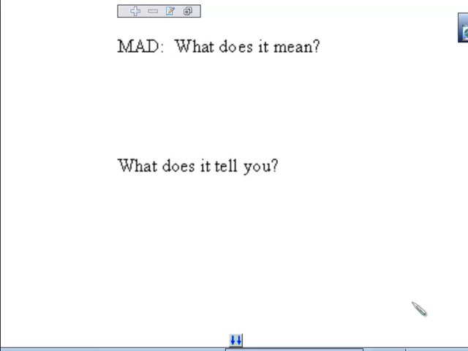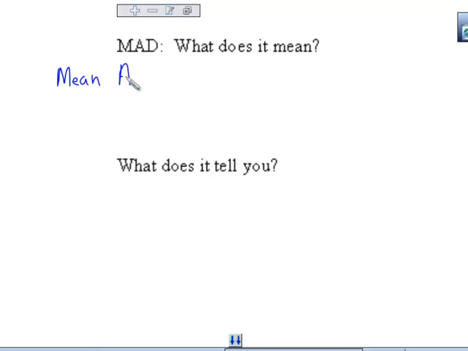What does it mean? MAD stands for mean absolute deviation.